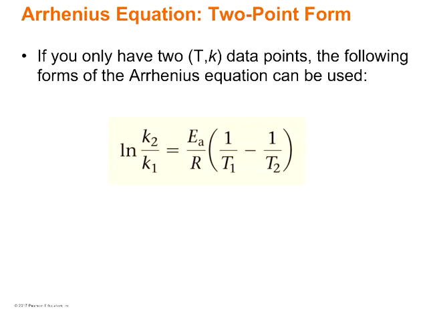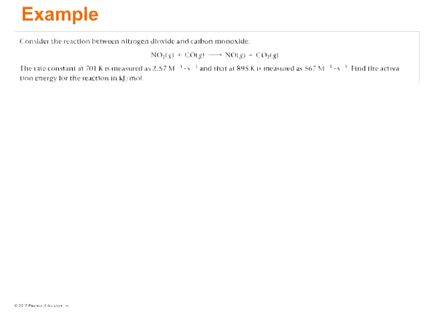So let's use this form of the equation where the natural log of K2 over K1 is equal to the activation energy over R times 1 over temperature 1 minus 1 over temperature 2. So in your textbook, there's another example where we're going to use this two-point form.